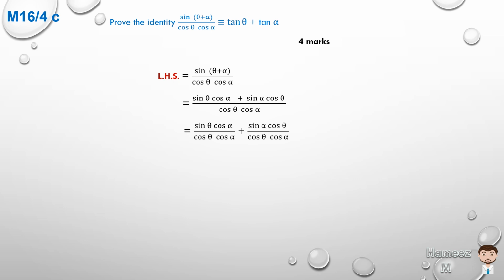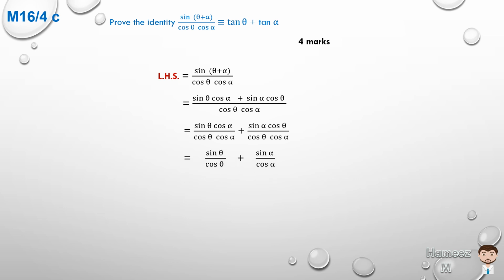Let's recall that trigonometric identities usually are very simple. After using our compound angle or double angle formulas accordingly, it simply becomes a practice in the use of fractions. So we separated them into two different fractions, and if we look at the one on the left hand side, we can see that cos alpha is in the numerator and denominator, so we can cancel them.